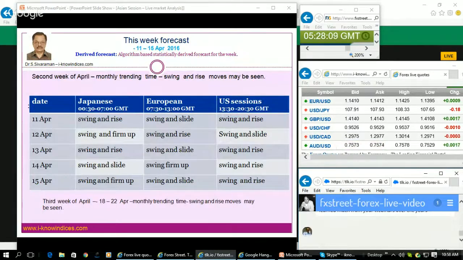So this is the slide giving the forecast, and the webinars are all recorded and displayed under my profile. FX Street has now got the beta version also. So both on the regular FX Street website as well as the beta FX Street website, they are displayed. So you can just go through that.